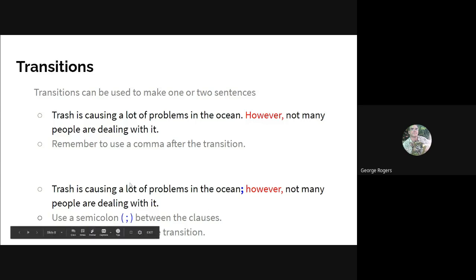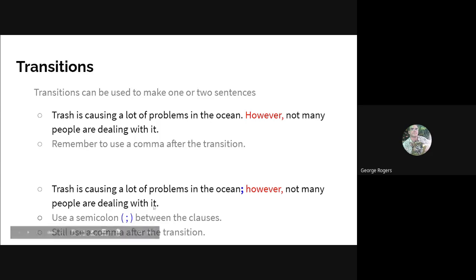If we wanted to make this one sentence, we need to use a semicolon. All right, so: Trash is causing a lot of problems in the ocean; however, not many people are dealing with it.